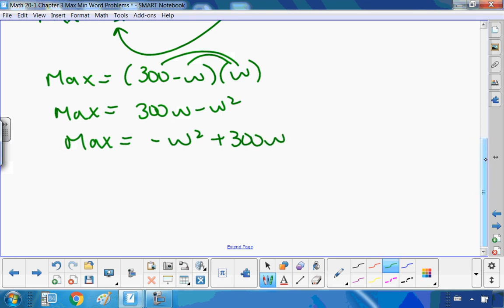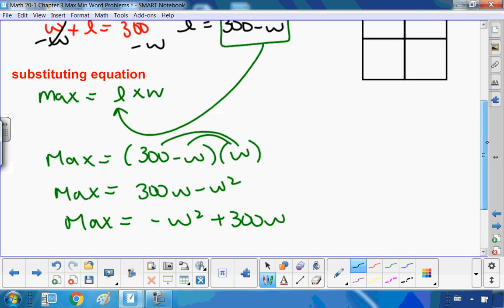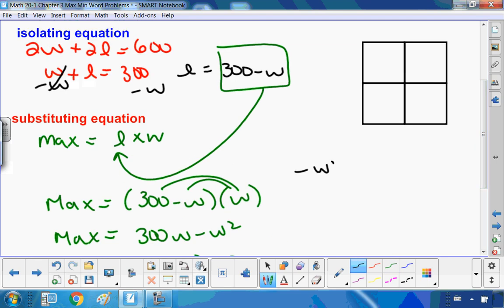So that is the equation that I want to complete my square for. Looking at this, I have negative W squared plus 300W, and I want to complete the square for this. First thing I'm going to do is factor out a negative 1. So I'll have W squared minus 300W, and that's what I'm going to complete the square for.